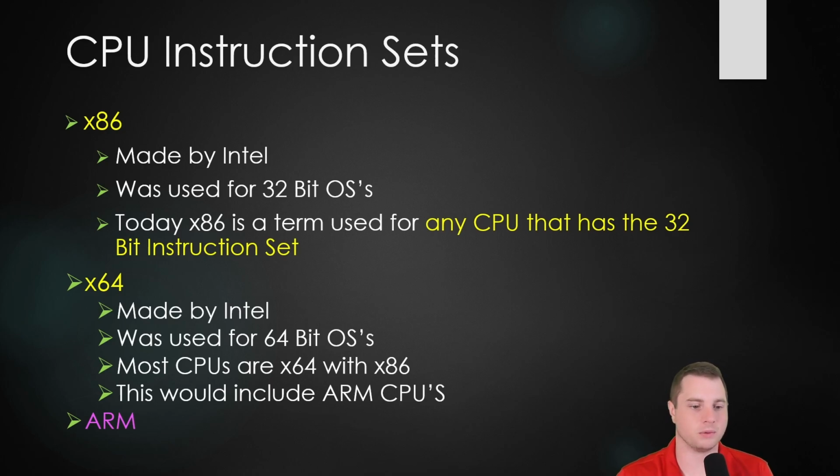Okay, this is what everyone is using at this point. x64, made by Intel, was used for the 64-bit operating systems. So x64, if you don't need 32-bit at all, x64 is the way to go.